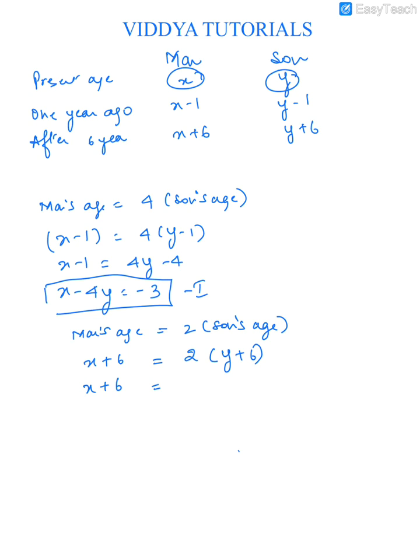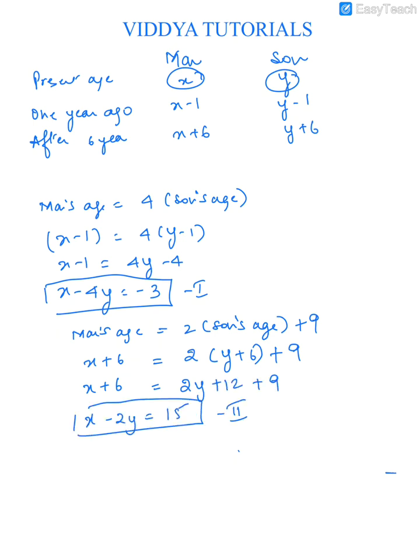So man's age exceeds twice son's age by 9 means I have to add a 9 over here. So when I simplify this, I get x minus 2y is equal to 15.